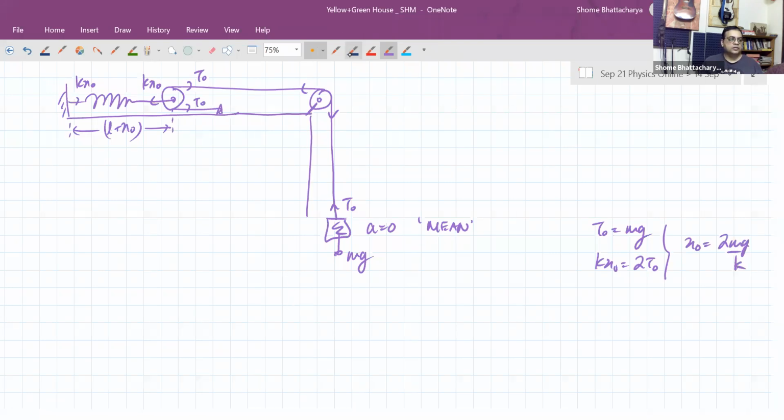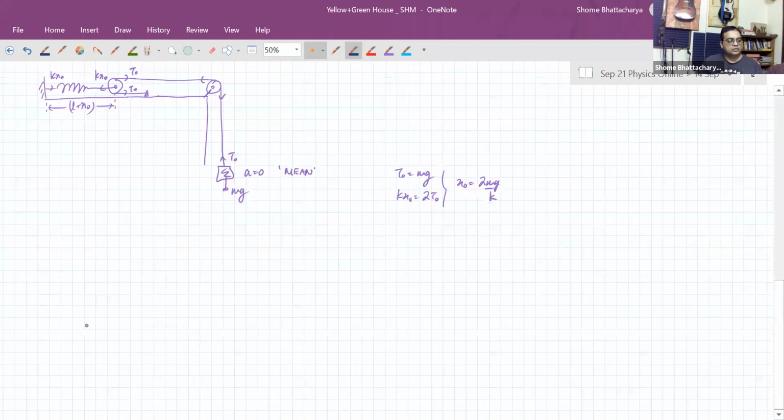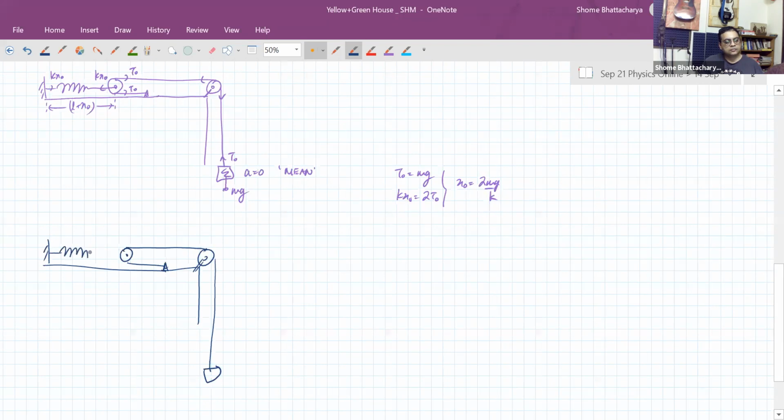Now from this equilibrium position, if we give some displacement to the block, compared to this above position, between this to this has got a further displacement of delta x.